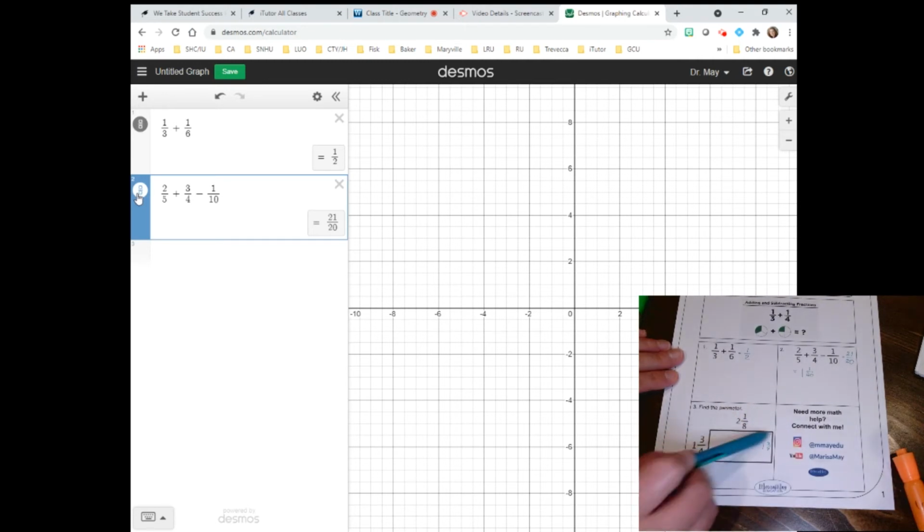I know this is 2 1/8, but I also know this is 2 1/8. So in order to find the distance all the way around, I'm going to have to add all of those up. So I'm going to be adding 2 1/8 plus 1 3/4 plus 2 1/8 plus 1 3/4.